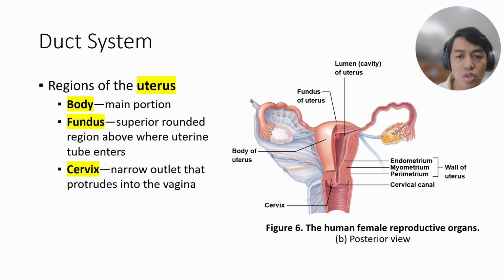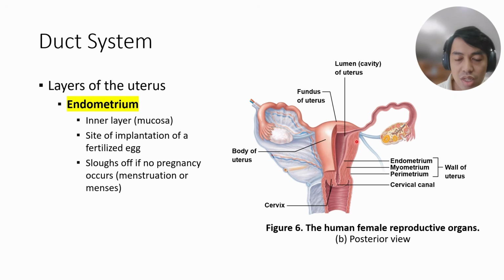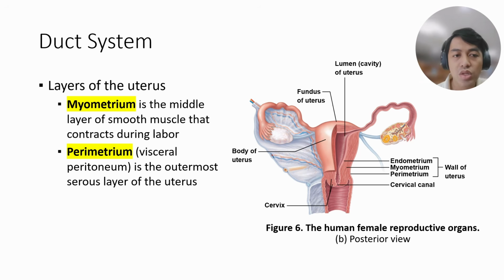As for the uterus, you have again the body, the fundus, and the cervix. And for the layers of the uterus, you have the endometrium, which is the innermost layer, where the fertilized egg will be implanted to develop into an embryo. Next, you have the myometrium, or the middle layer, that is composed of smooth muscle.